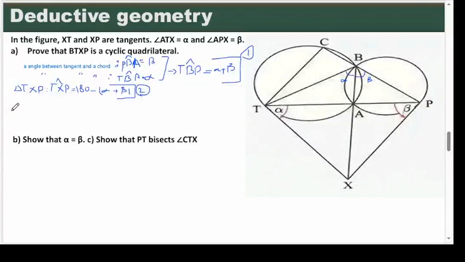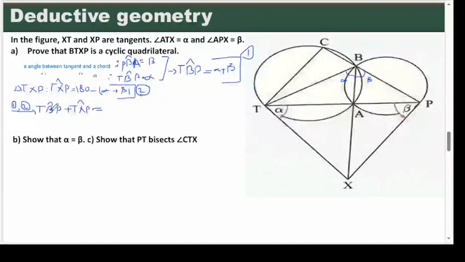So from step 1 and 2, when I add up this angle PBT, or TBP, plus TXP, I substitute the expressions that I get from step 1 and step 2.